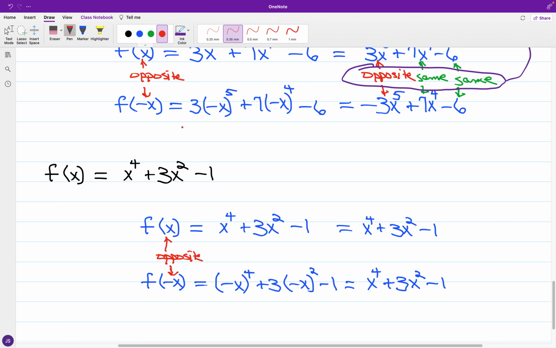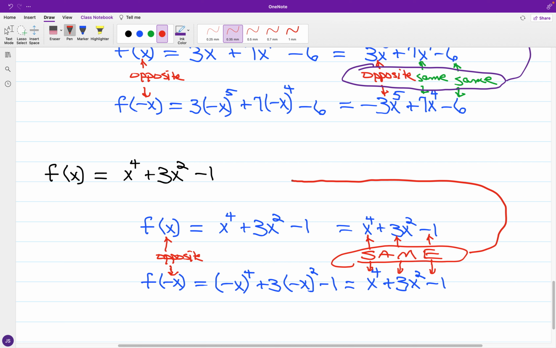We start out with opposite sign inputs, and we have x to the fourth and x to the fourth, positive 3x squared and positive 3x squared, and both f of x and f of negative x have negative 1. All of these are the same. If the output terms are unanimously identical, in spite of the opposite sign input, this function will be even.